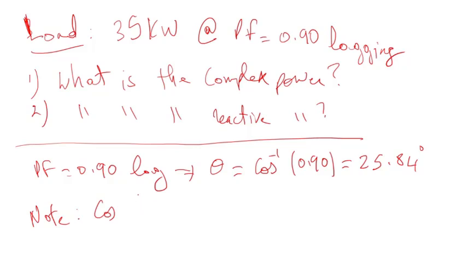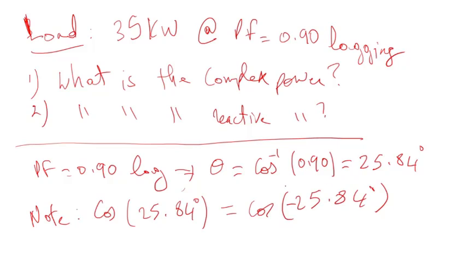That stating the angle only is not sufficient. Note that the cosine of 25.84 degrees is equal to the cosine of minus 25.84 degrees. But by stating it's lagging, we had to choose this angle here instead of the minus angle.